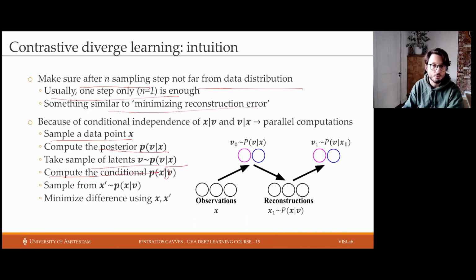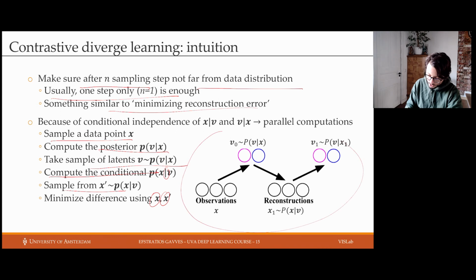We obtain a new version of our input. So basically, we reconstruct our input now, and we sample from it like that. By comparing our original input and the reconstructed one, we can see how good or how bad our training is. The closer the two distributions are, the better.